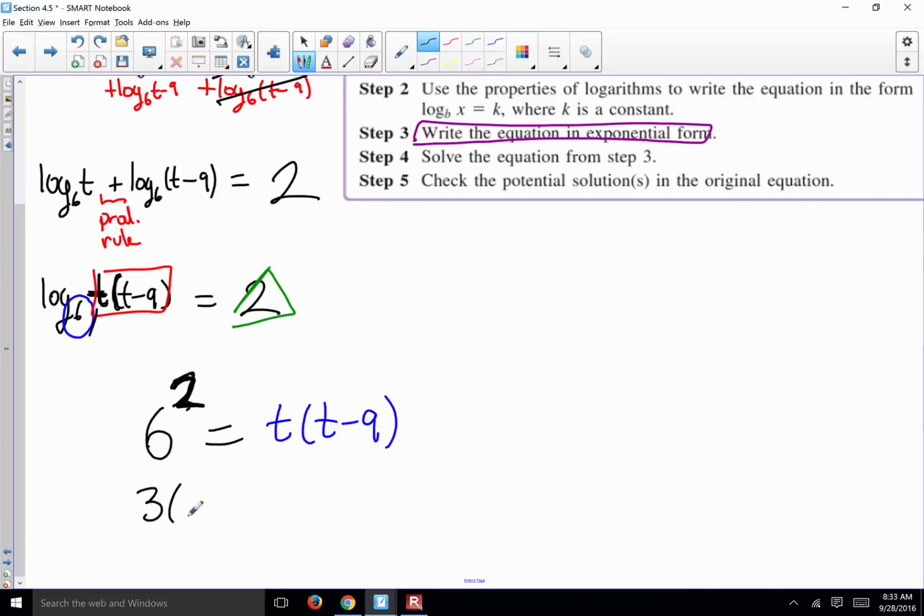We have 36 equals t squared minus 9t. Alright, we need to solve for t now.